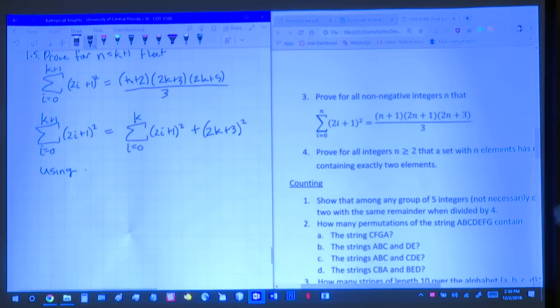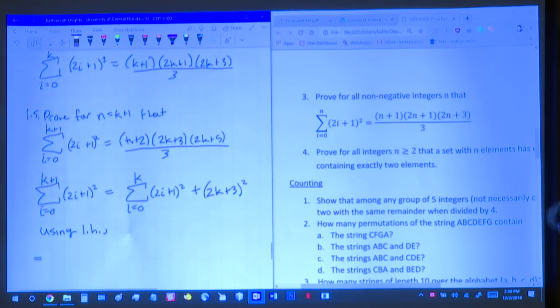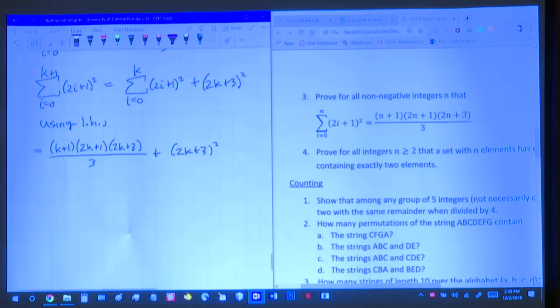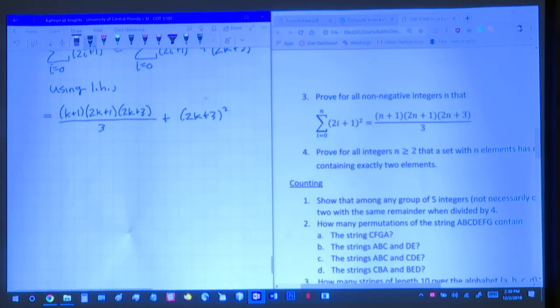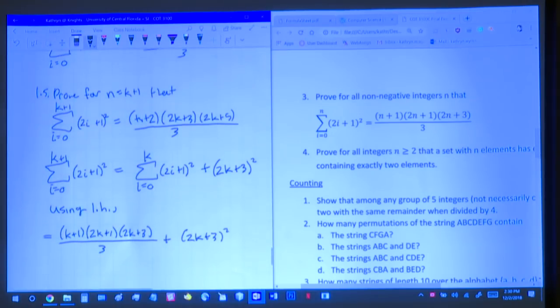So using IH, that is equal to (k plus 1)(2k plus 1)(2k plus 3) over 3 plus (2k plus 3) squared. And now we just have to mess with this to try to make it look like this one.